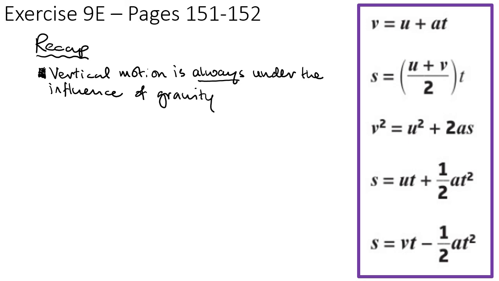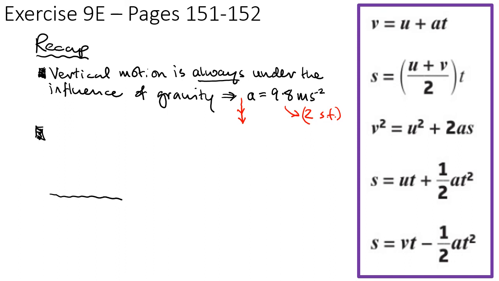And that is an acceleration of 9.8 meters per second squared, which is to 2 significant figures, and that always goes down. Gravity never changes direction. An object may change direction, but gravity doesn't.